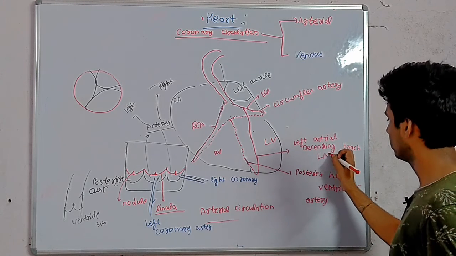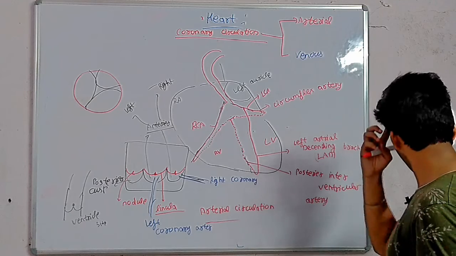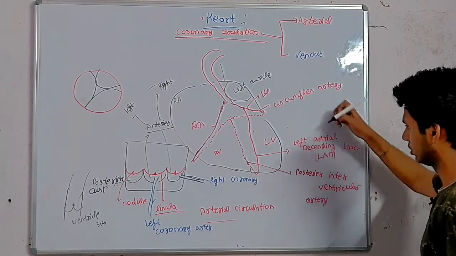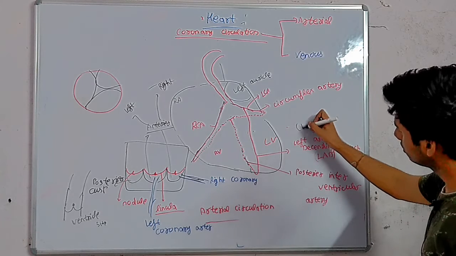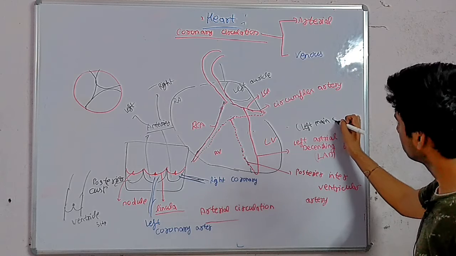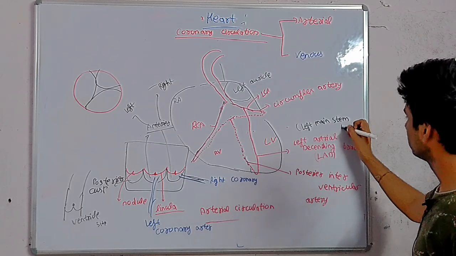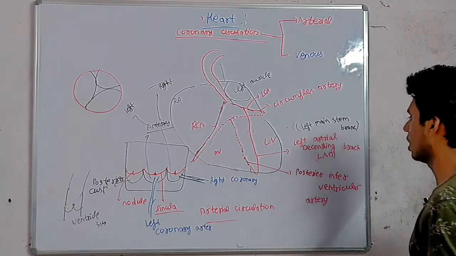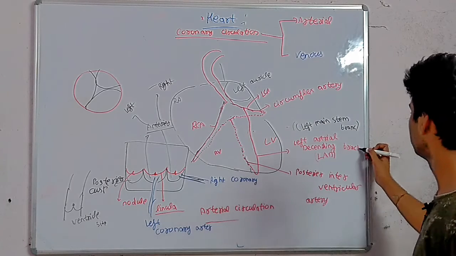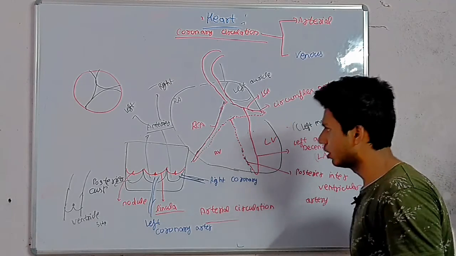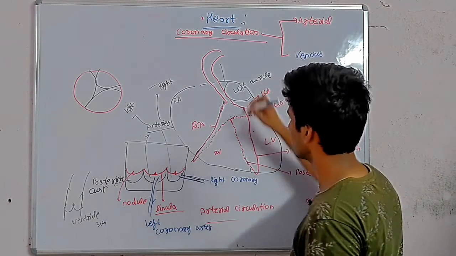It is also called the left main stem branch, LAD or left main stem branch, left anterior descending branch. Then these are the two arteries. Here the small arteries also emerge.